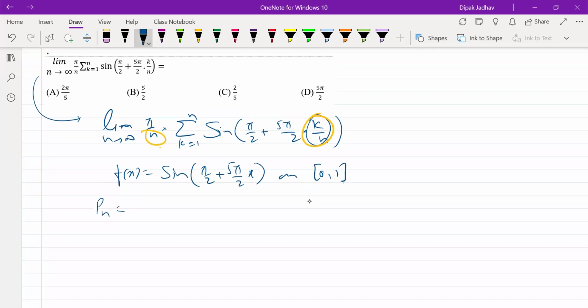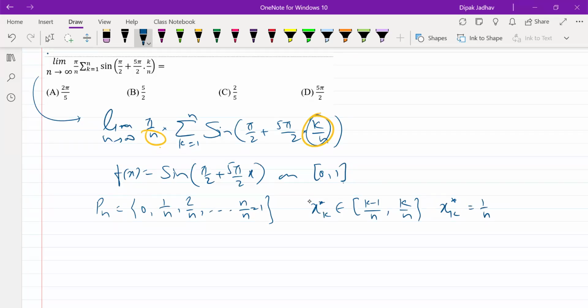We take the same partition Pn as 0, 1 by n, 2 by n, and so on up to 1. And you choose xk star belonging to k minus 1 by n, comma k by n. You choose xk star equal to k by n, belonging to this interval.